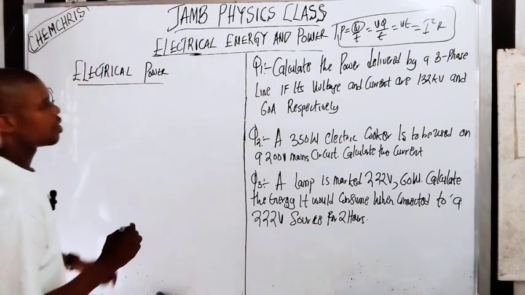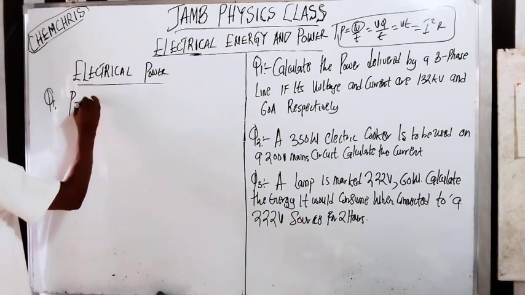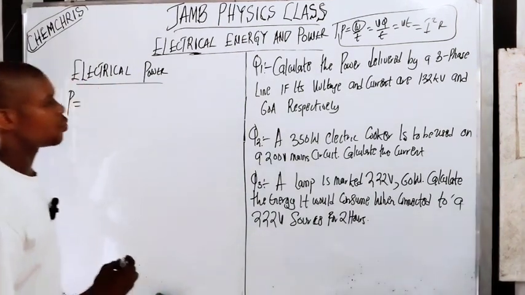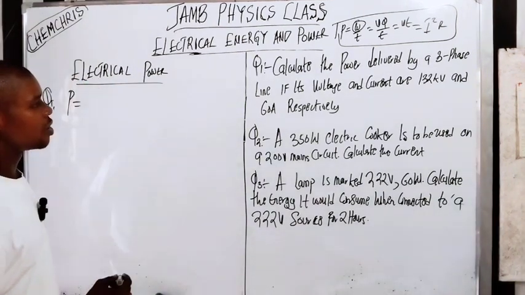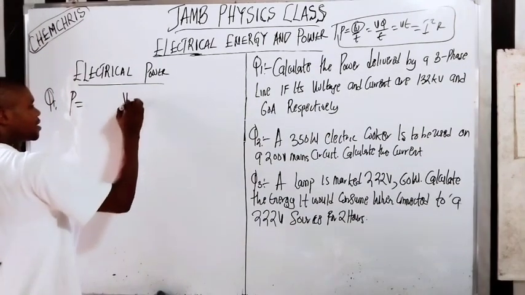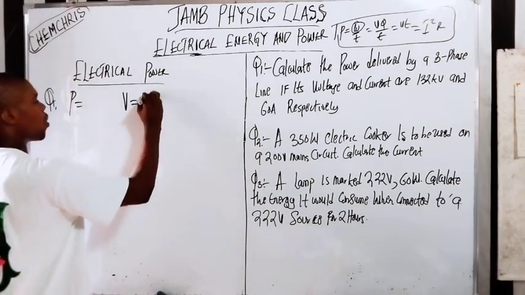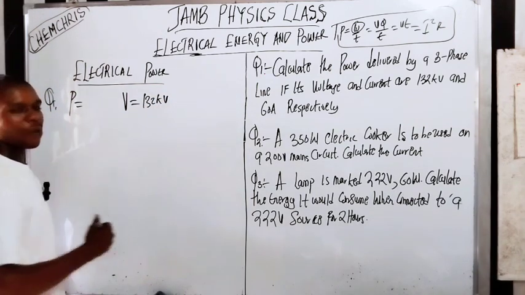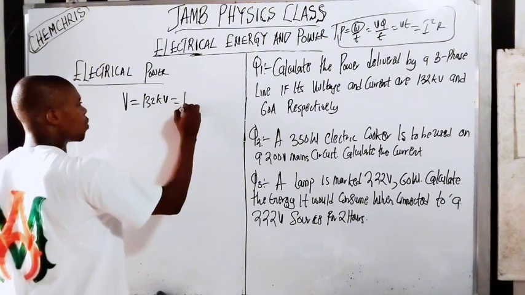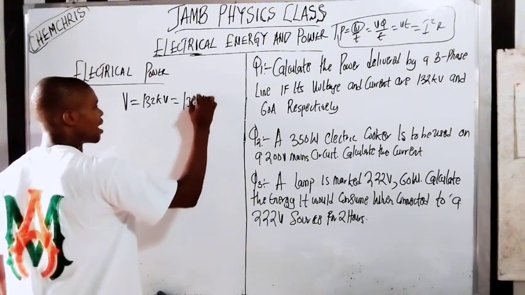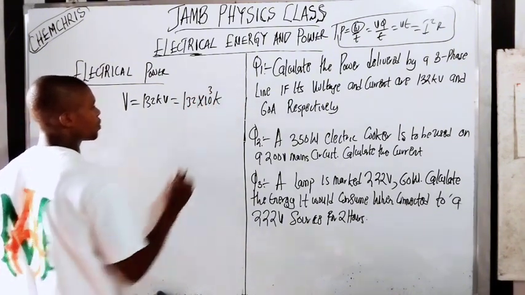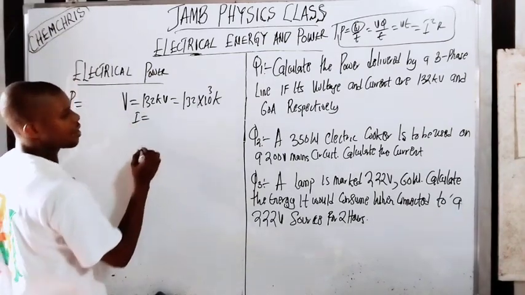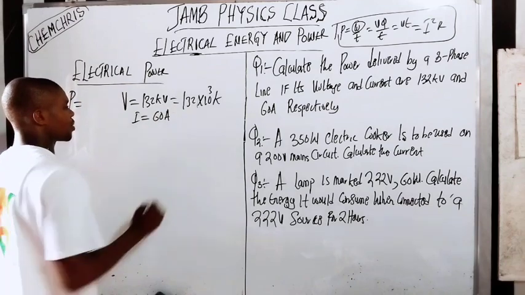Power is measured in watts. The unit of power is the watt. Delivered by a three-phase line, the voltage, the potential difference, is 132 kilovolts, right? This kilo is 10 power 3, so it is 132 times 10 power 3 volts, right? Then our I is 60 amperes, right?